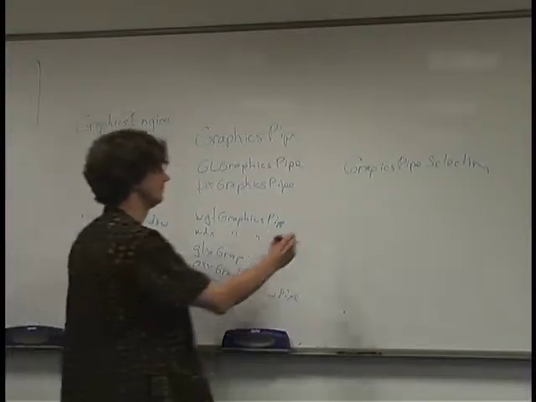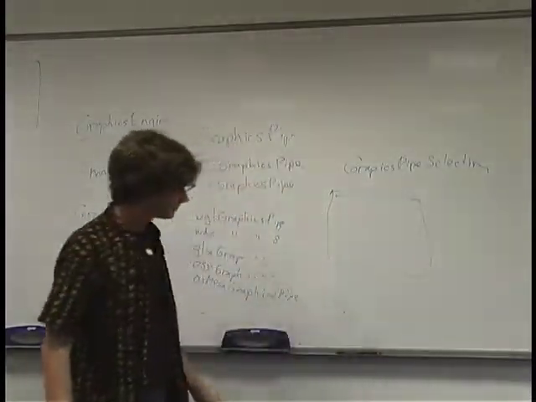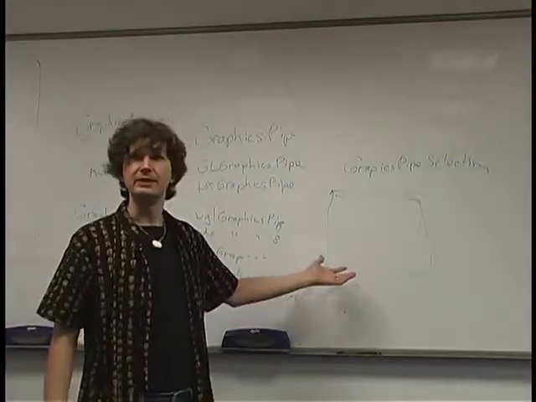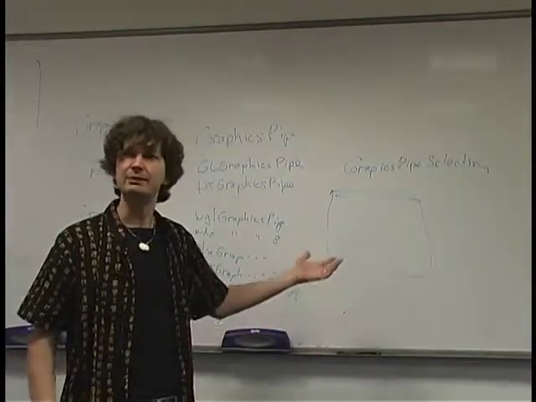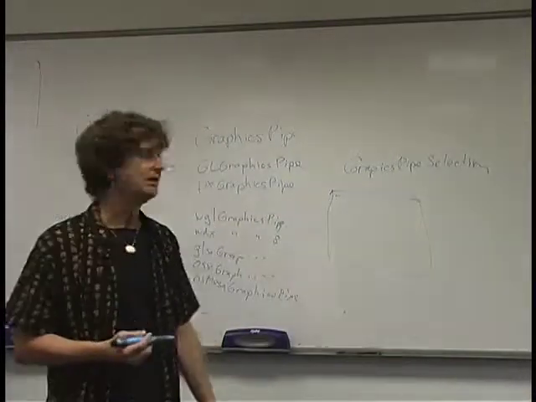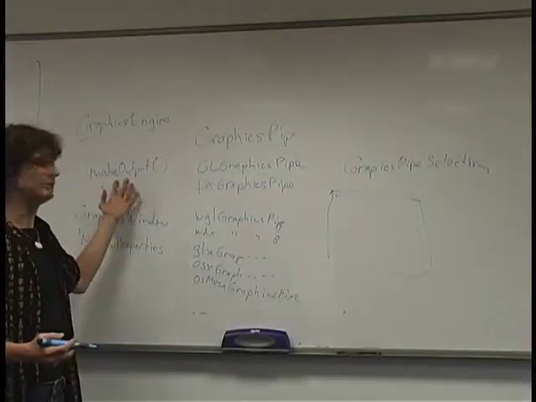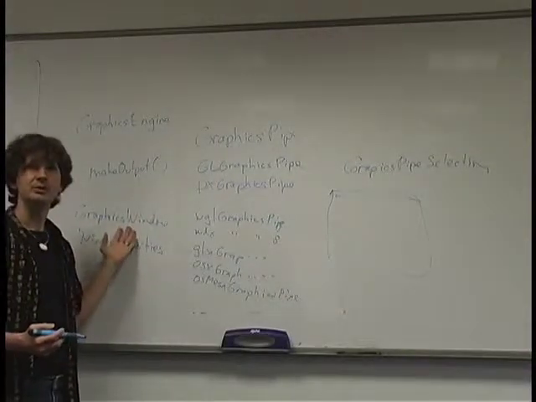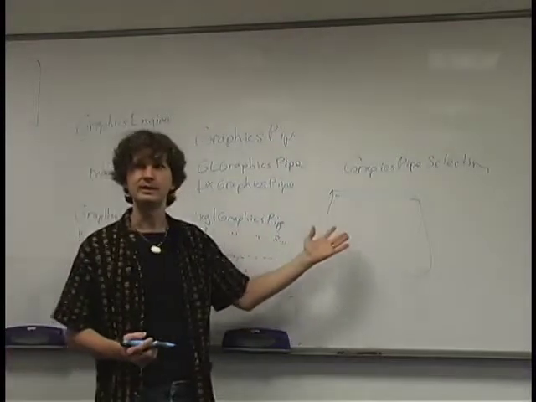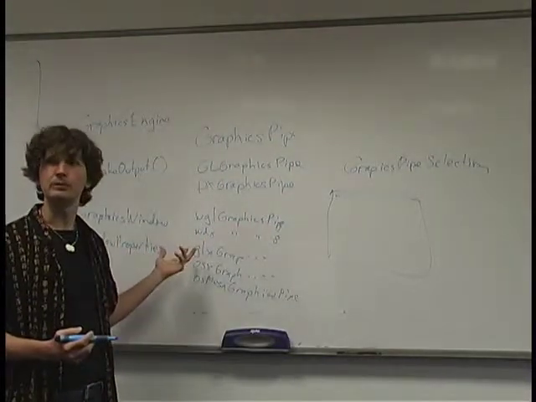So now we got a window. Here's our pretty little window. We still can't render into it yet because we don't have a scene graph, we don't have a camera. All we've got is a big black window on the screen. Actually, it's worth pointing out, just the fact of calling make output returns us a graphics window. The window doesn't actually manifest necessarily right away, for the same reason that we have to call window properties through request properties.